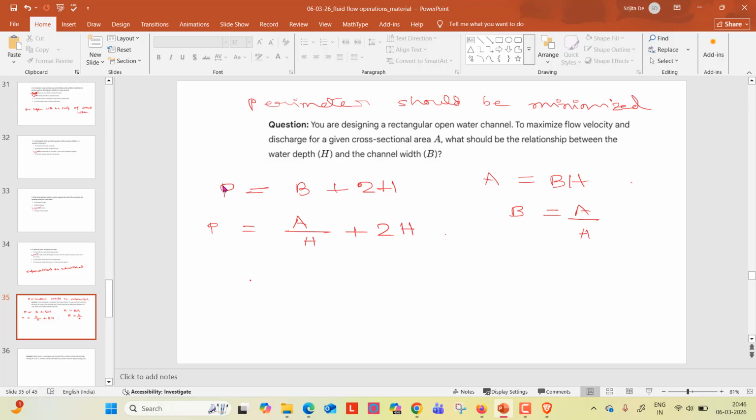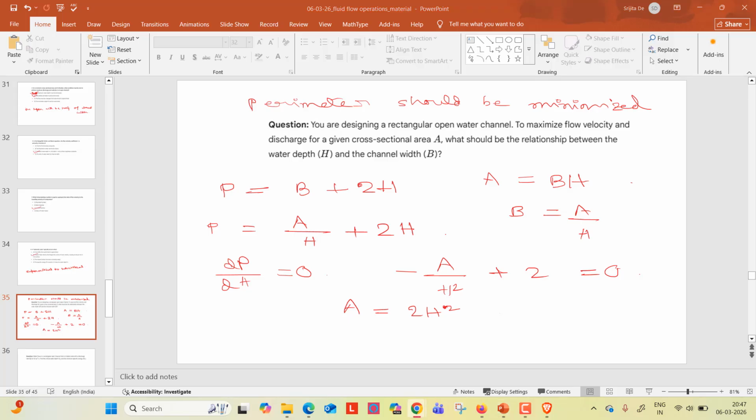So dP by dH will be 0, right? So it will be minus A by H square plus 2 equals 0. So it will be A equals 2H square, right? A will be 2H square.